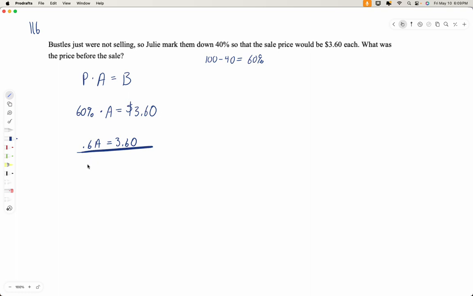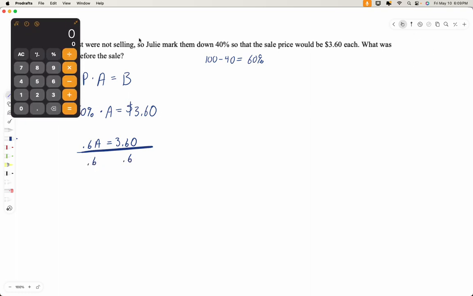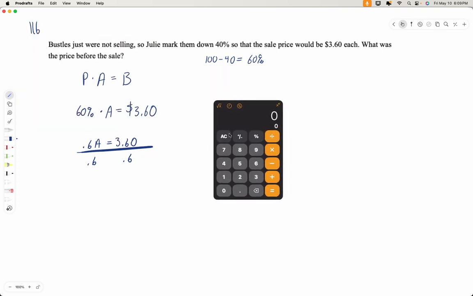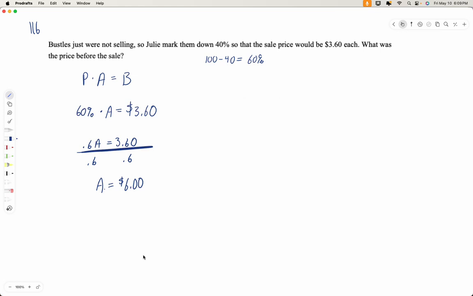Divide both sides by 0.6. Let me pull up my calculator. 3.60 divided by 0.6 is $6. So A is equal to $6. And that's how you do that problem.